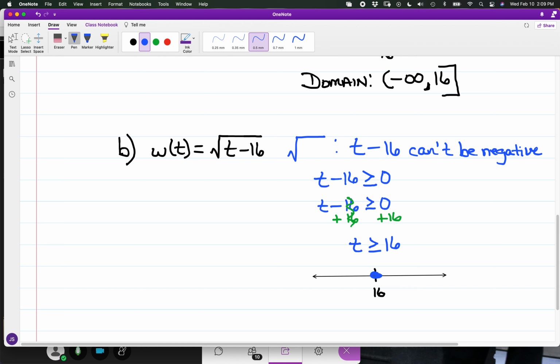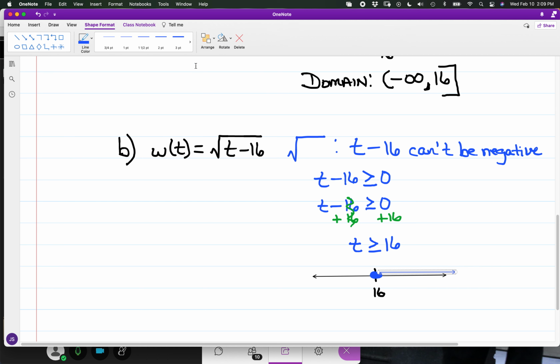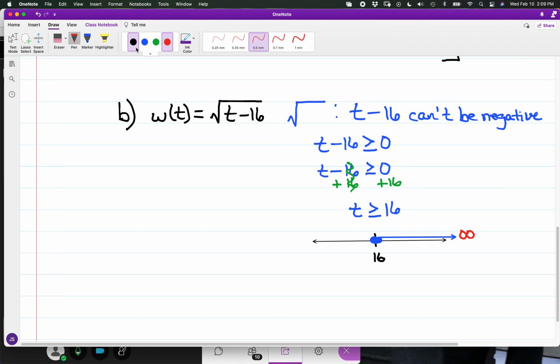And this time around, instead of going to the left, all the other values we have in t to be greater than 16, so there's going to be a ray that will be proceeding to the right, tending to infinity. And again, infinity is boundless.